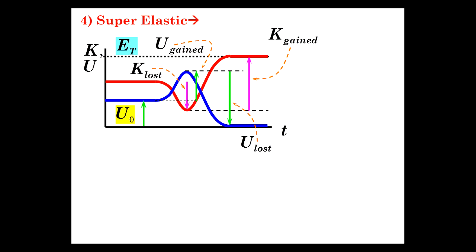And of course, those concepts are related to each other. The potential energy lost is the initial potential energy, this, plus how much was gained. Here's how much is gained, and that equals the loss, because in the end, all the potential energy is released to give an increase in the kinetic energy.